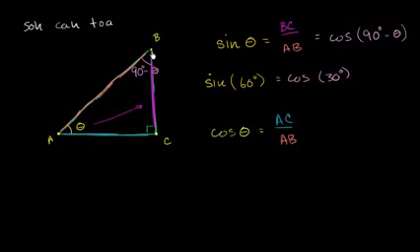Well, the sine of angle B is going to be its opposite side, AC, over the hypotenuse, AB. So from angle B's perspective, this is angle B's sine. So this is equal to the sine of 90 degrees minus theta. So the cosine of an angle is equal to the sine of its complement. The sine of an angle is equal to the cosine of its complement.